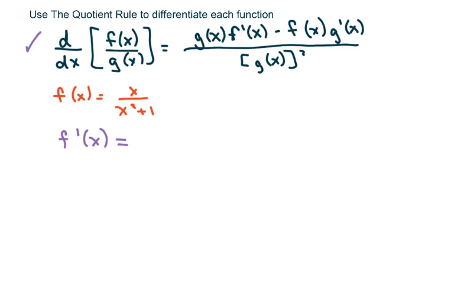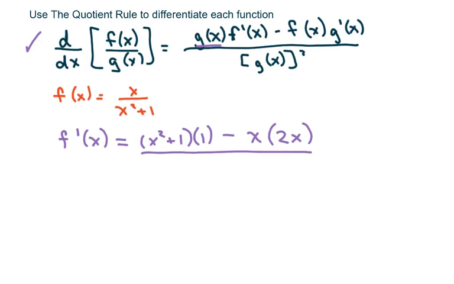So you take your denominator and write that out. Then take the derivative of x, which is 1. Then minus your numerator times the derivative of the denominator, which is 2x, all over your denominator and square it.